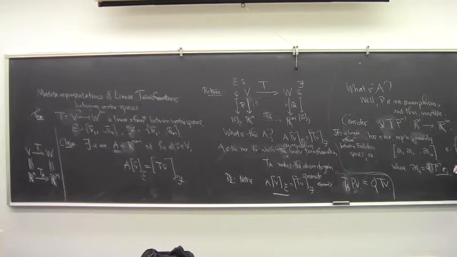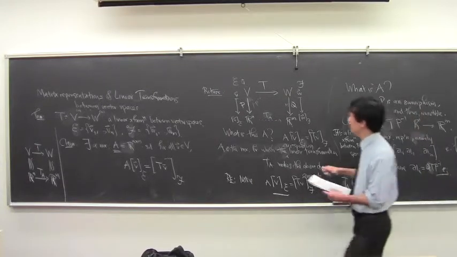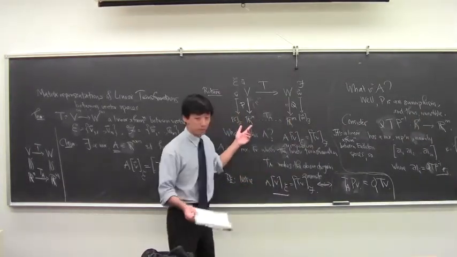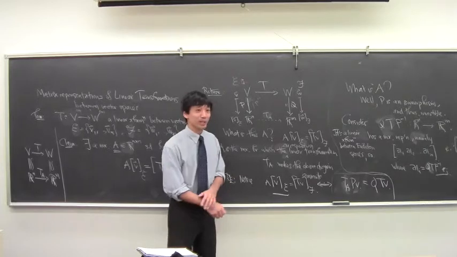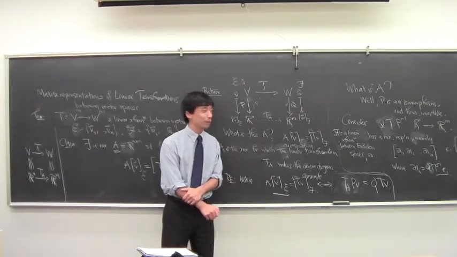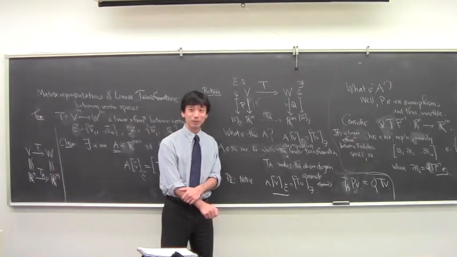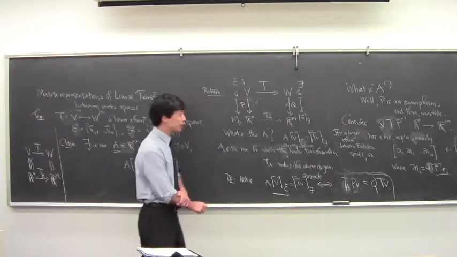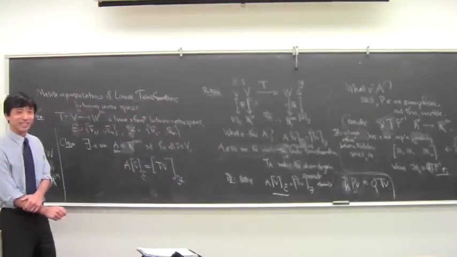So P inverse, or left-multiplying by P inverse, times E1 would be a column vector. Okay, I'll let you guys think about it. Take one minute and see if you can figure out what P inverse of E1 is. That'll show if you actually understand what we're doing.